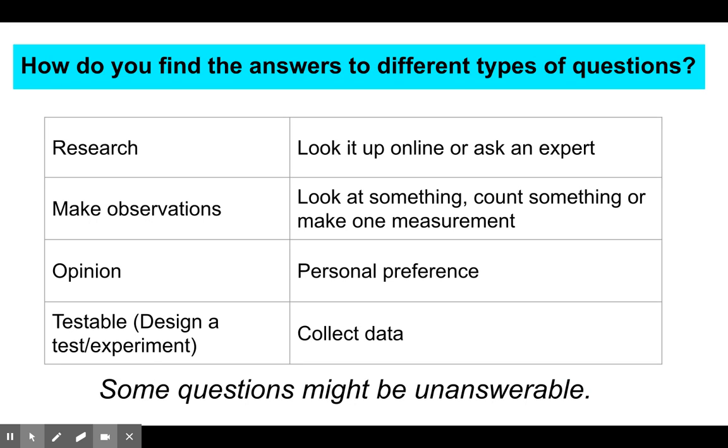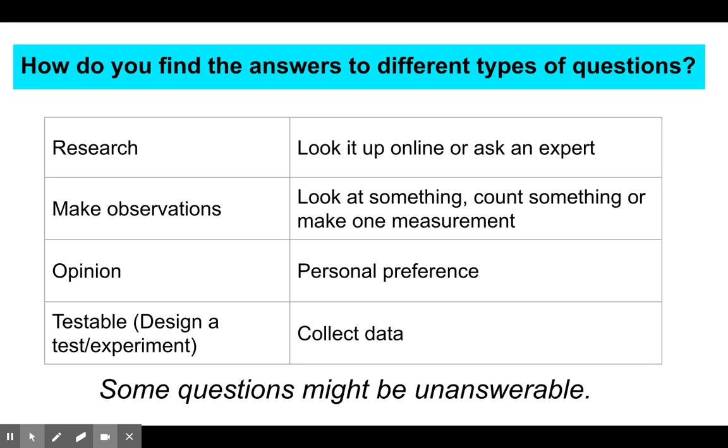And really what this shows us is a comparison between the types of questions that we can ask and the types of ways we can find answers to questions, right? And so as it says here, if we ask a question that involves doing research, a research question, that might be something that we look up online or in a book or ask someone who's an expert about that area.